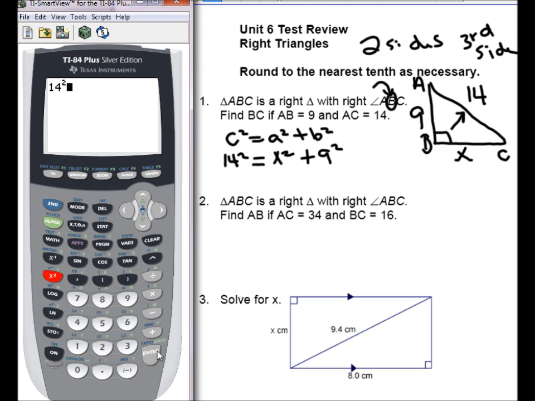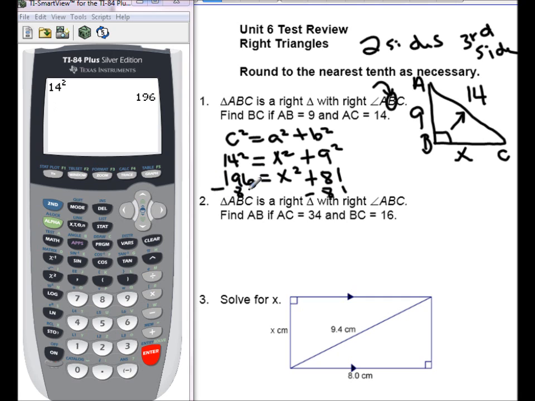14 squared is 196, and that equals X squared plus 9 times 9, which is 81. I'm going to subtract 81 from both sides of my equation. 196 minus 81 is 115.